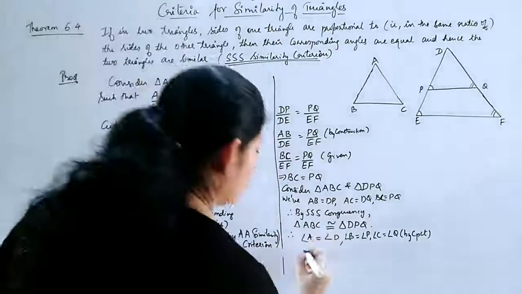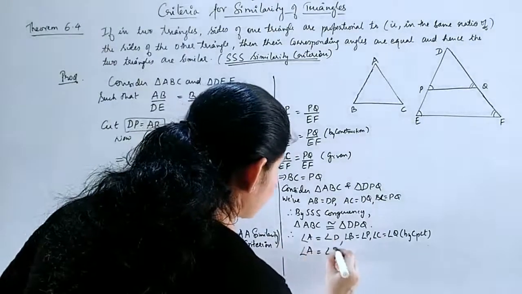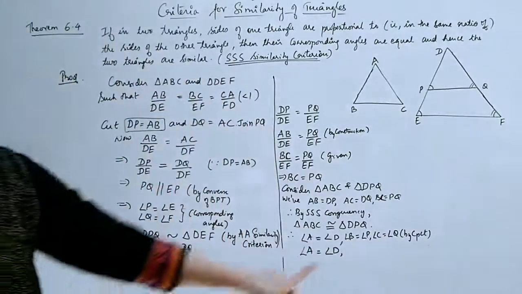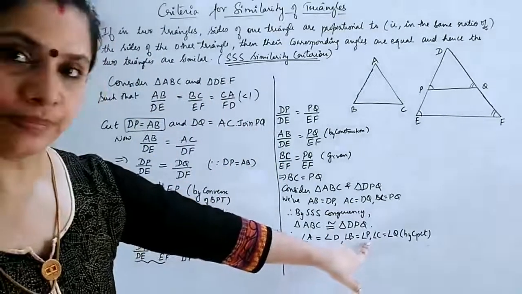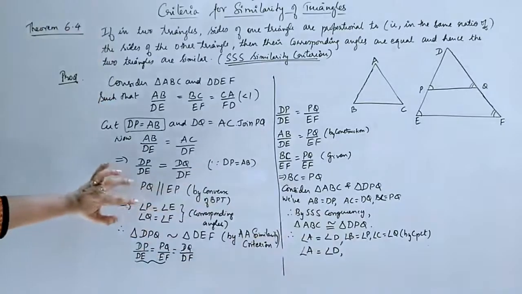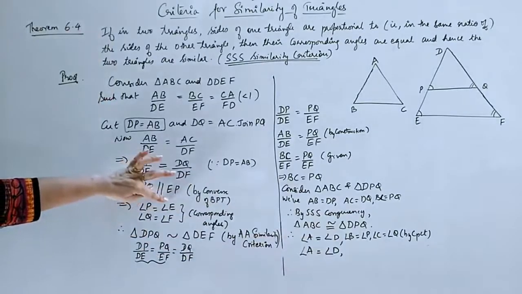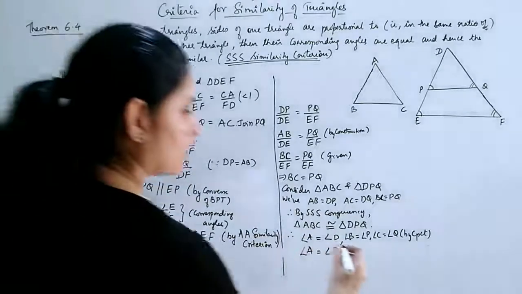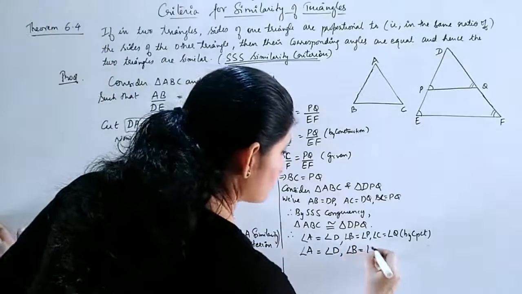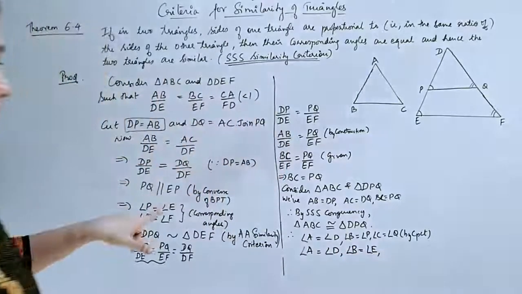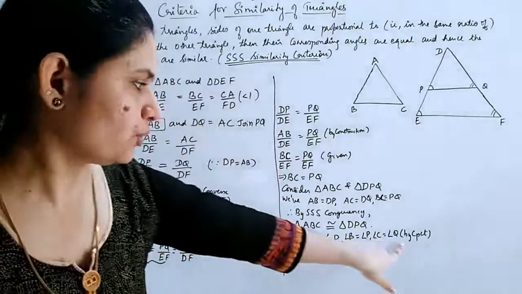So angle A equal to angle D, we are not changing it, but just see angle B equal to angle P, and here you have got angle P equal to angle E. So that we will get angle B equal to angle E, and angle C equal to angle Q.